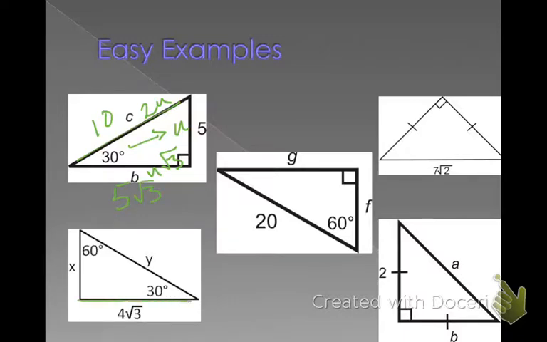In this one, we're given the side across from the 60-degree angle, so that's the U root 3 side, which means that U is 4 and 2U is 8. Here we're given the hypotenuse, which is 2U, which means the U side is 10 across from 30 degrees, and that U root 3 would be 10 root 3.